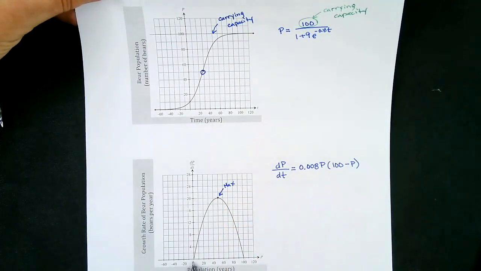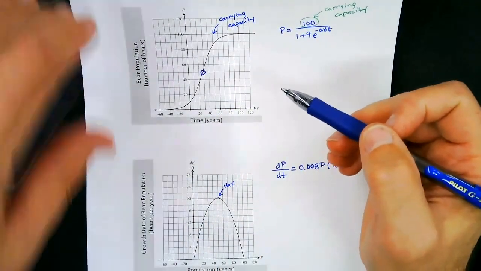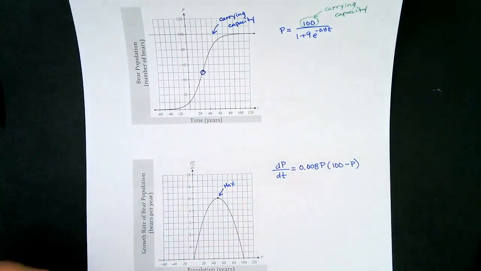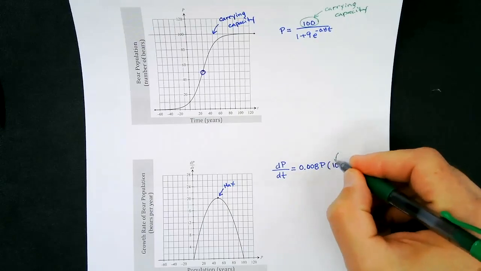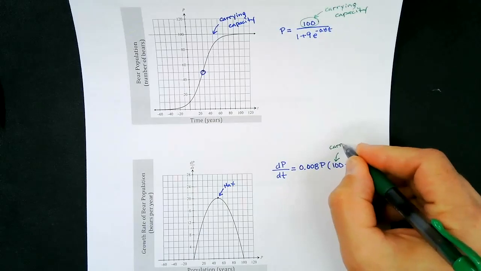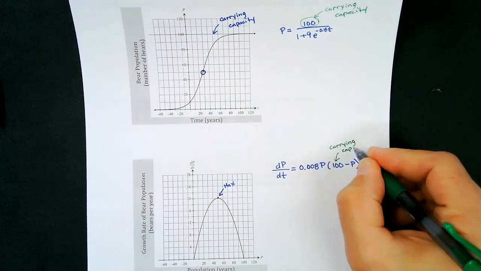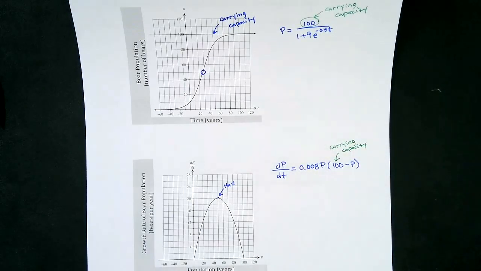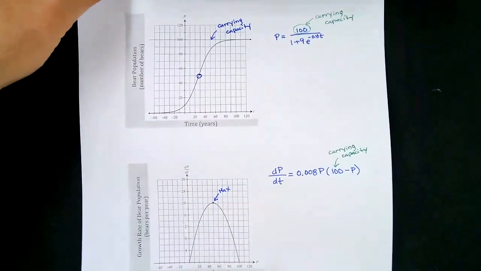So it's in between 0 and the carrying capacity, and that's when the maximum growth will always happen. Notice even in the logistic differential equation, we can still see the carrying capacity. It'll be that number right there. So this is still the carrying capacity, the maximum population based on the resources that the environment has.